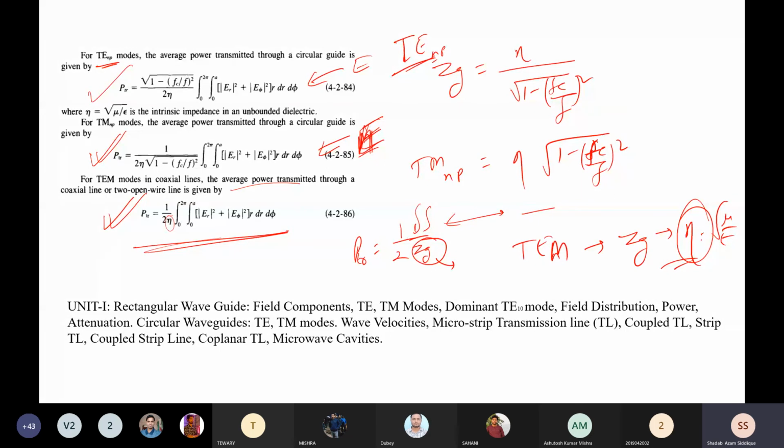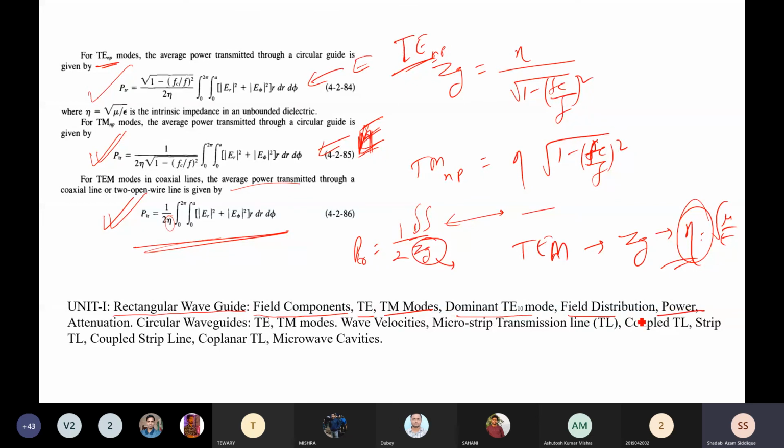So till now we have discussed the Unit 1 topic, which is the rectangular waveguide. We covered all the field components, that is EX, EY, EZ, HX, HY, HZ, and the TE mode and TM mode, the solution of the wave equation in rectangular coordinates. Then we discussed the dominant mode and the field distribution, how the field will be distributed and how the mode can be found out.